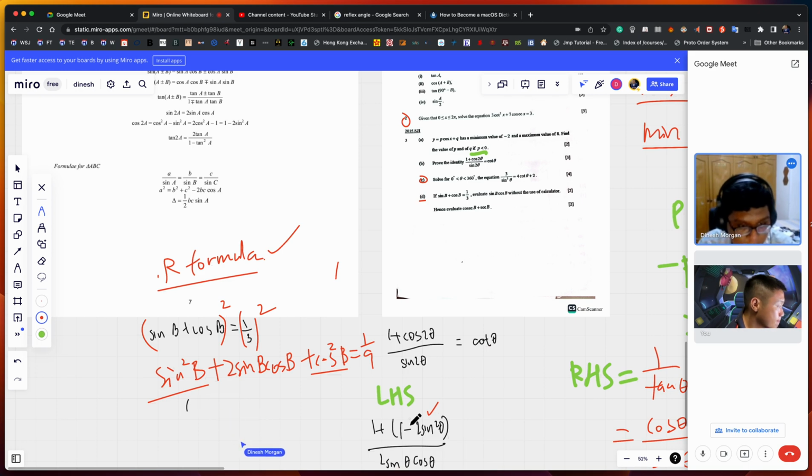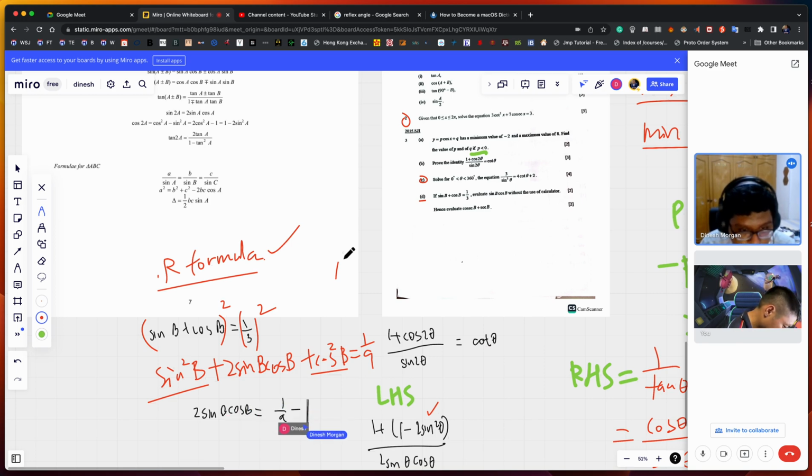So 2 sine b cosine b is equal to minus 1. They want sine b cosine b.